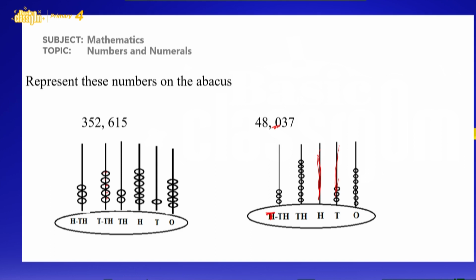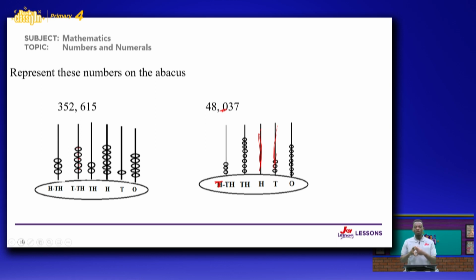Good. I believe you've understood what we are doing. We are representing numbers using the place value chart and also using the abacus. So for today, we are using the abacus to represent numbers.